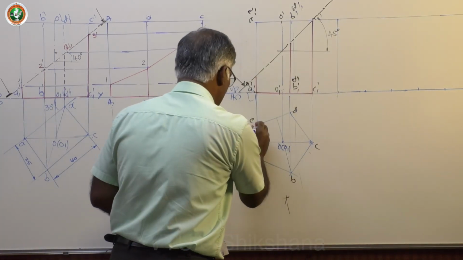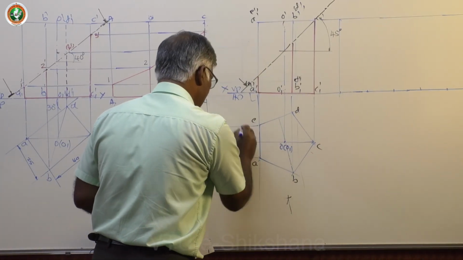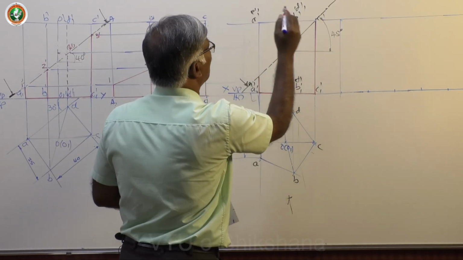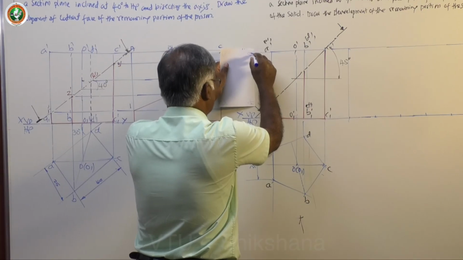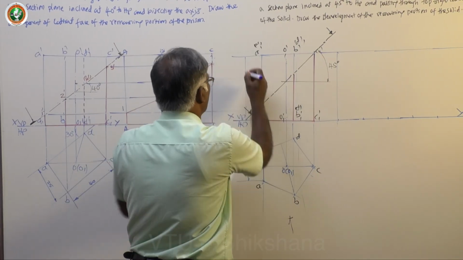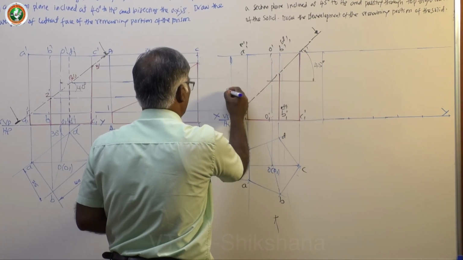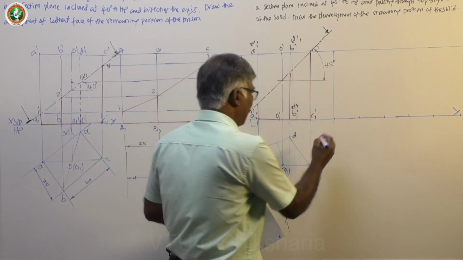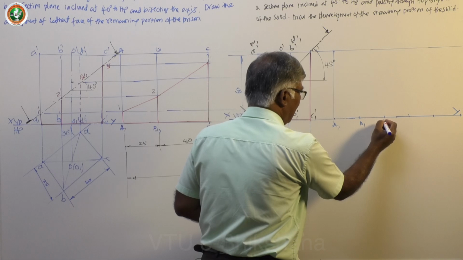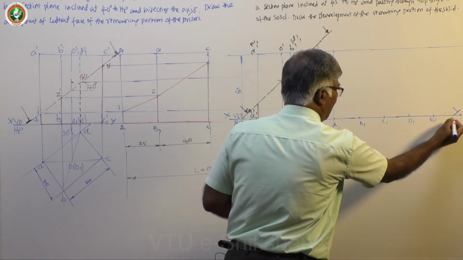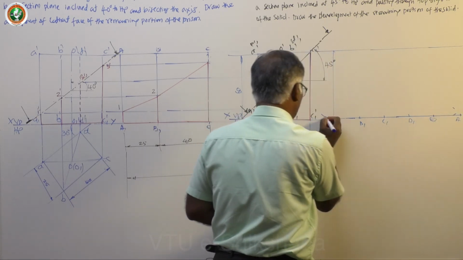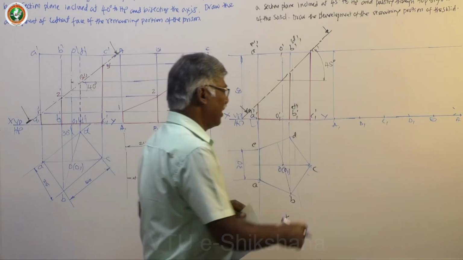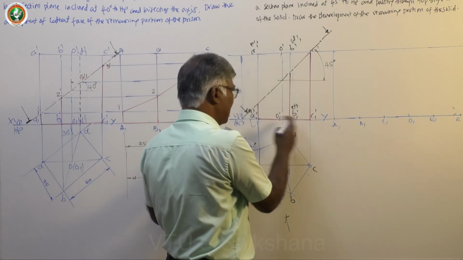Take the distance, whatever is given, 30, and the height is 60. So the height of the development is 60 mm, definitely draw parallel. Then start naming A1, B1, C1, D1, E1, A1. XY will be limited to this portion only. Normally we draw a continuous line and then fix, but you see that XY is restricted to only this.